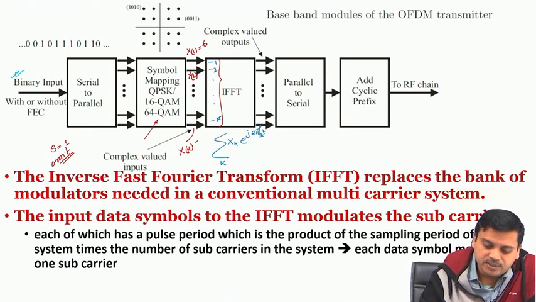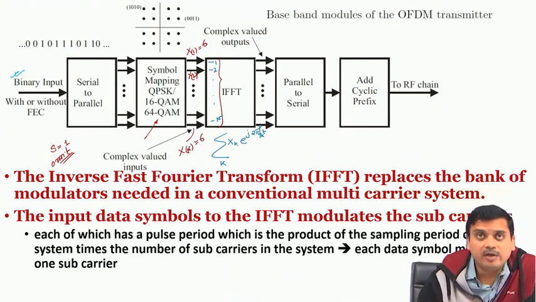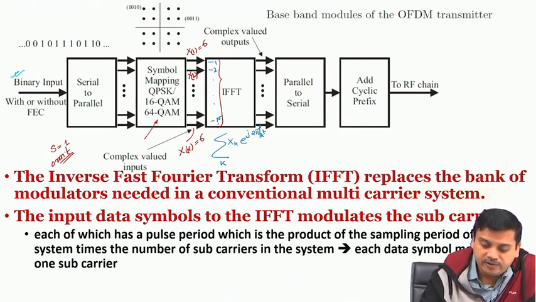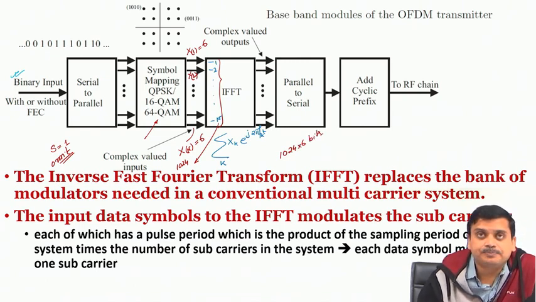So, now if we are using 64 QAM, this would be having 6 bits. If, let us say, we are using 64 QAM in all, they will all be having 6 bits, and if the value of N is, let us say, 1024, you will be sending 1024 multiplied by 6 bits simultaneously, correct.